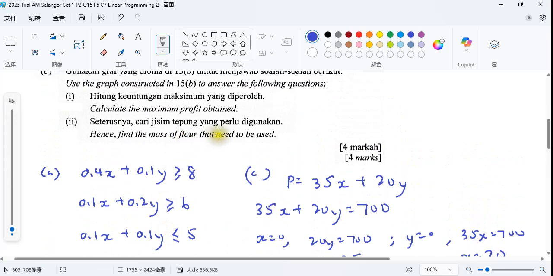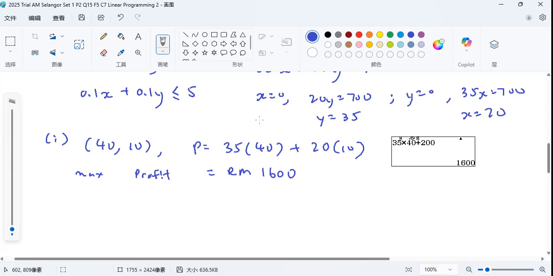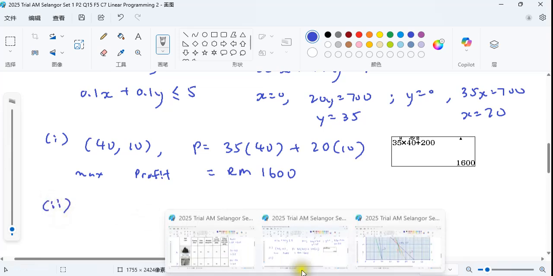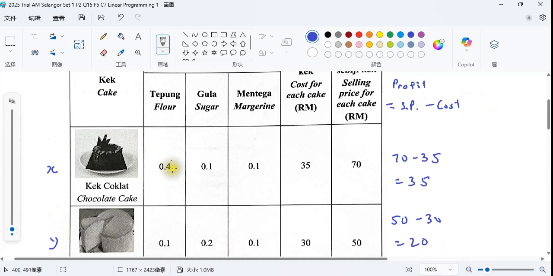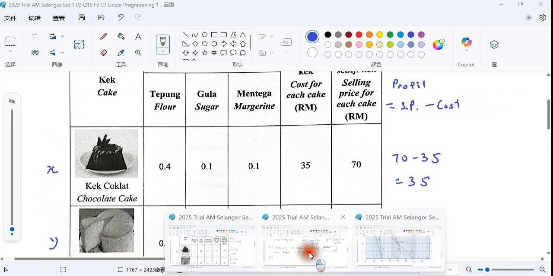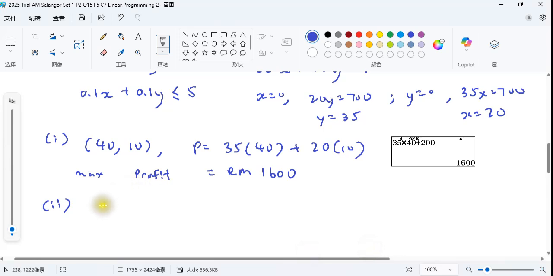Hence, the mass of flour that needs to be used. So the mass of flour is 0.4 times 40 plus 0.1 times 10.